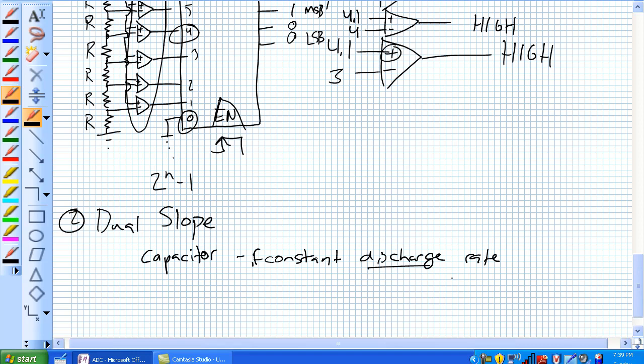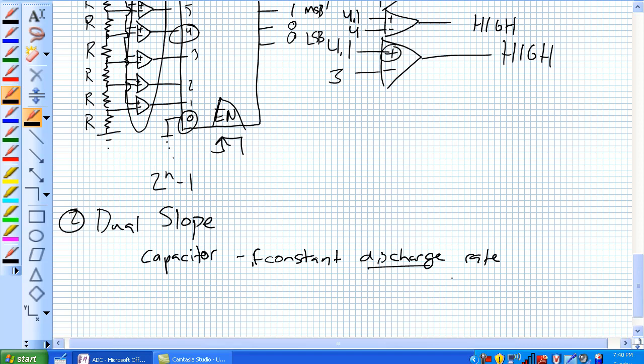So that's the question to think about with a dual slope analog to digital conversion. So it's going to take longer for something to discharge if it's at a higher value than something at a lower value, which will discharge more quickly.